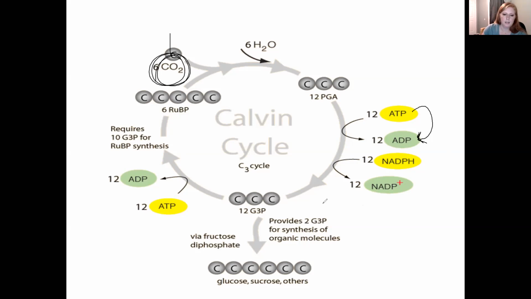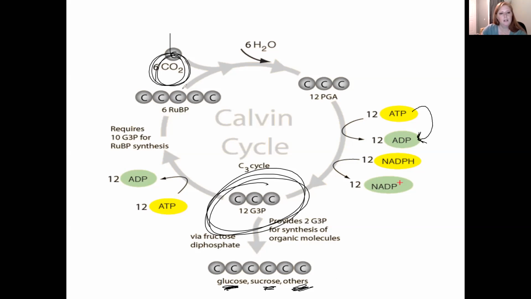We end up with something called G3P, glyceraldehyde 3-phosphate. G3P is the building block for everything else that plants make: the glucose, C6H12O6, the sucrose, the cellulose, and all of the other things that plants require to survive and that we need to survive starts here with making these G3P molecules.